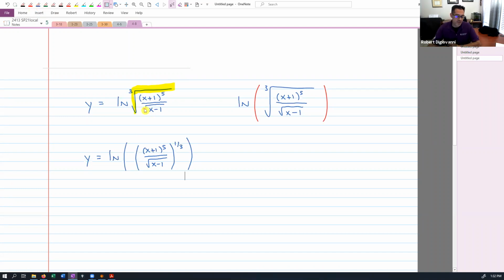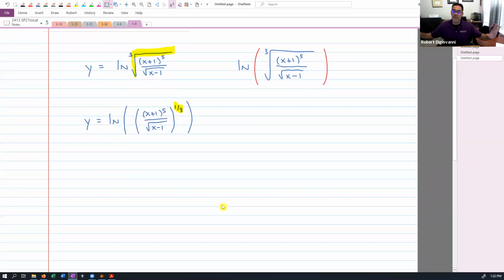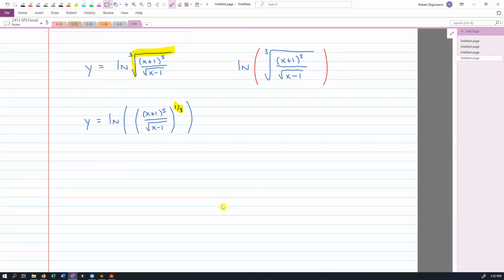That's just what the cube root means. If you have the nth root of something, that's the same as x to the 1 over n. Since we had the cube root, it became to the 1/3. If it was the 5th root, it would be 1/5. Still no derivative, right? I'm not taking a derivative right now. That's not ready. Now what?